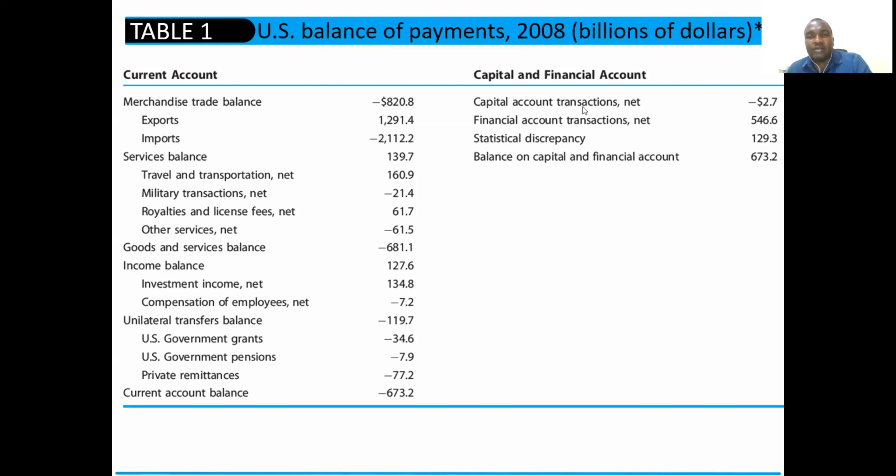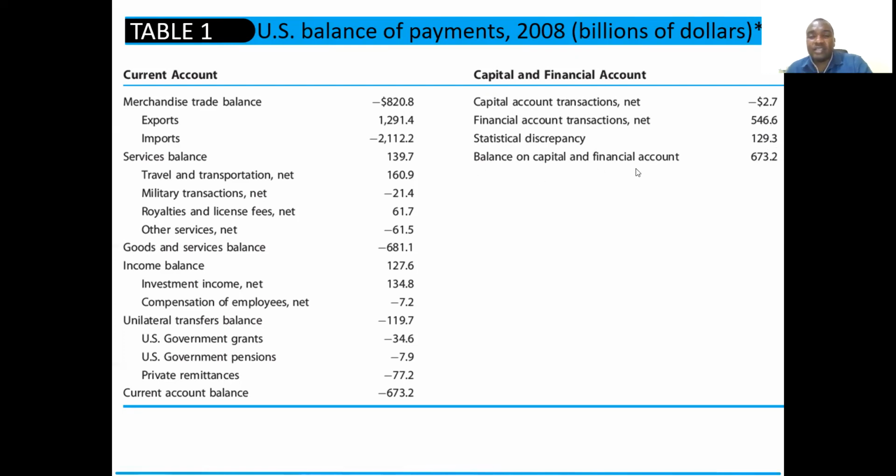And then the capital account, in this example, had a deficit of minus 2.7 billion. And the financial account transactions that take place in the banking system were equivalent to 546.6 billion. The statistical discrepancy was 129.3 billion.